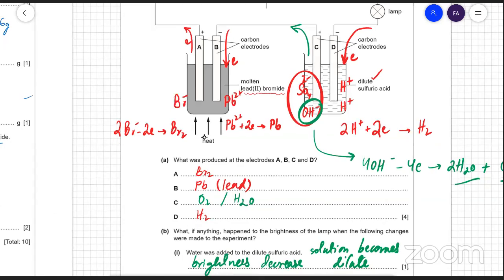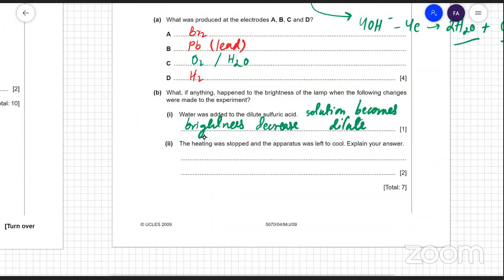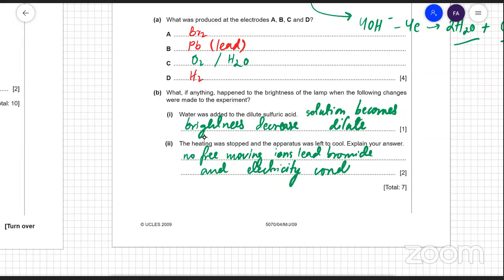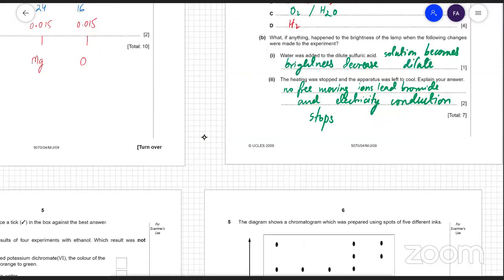Without mobile ions, there would be no free moving ions in lead bromide, and electricity conduction is going to stop.